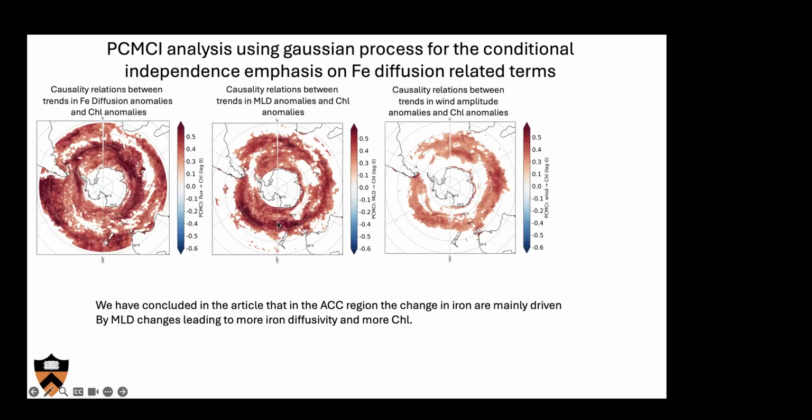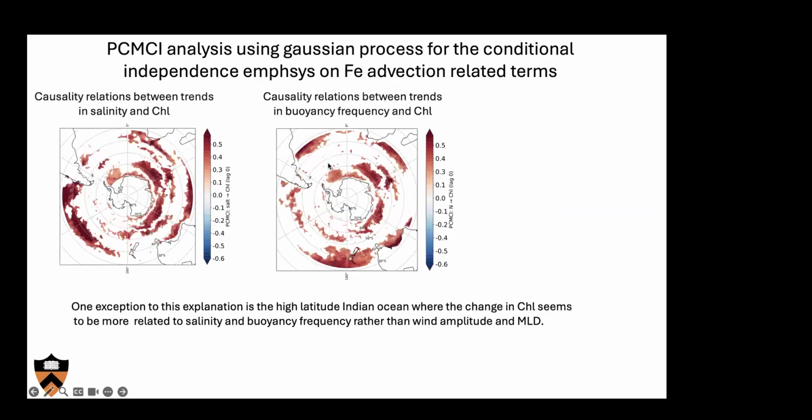We explain this in the paper by saying that you have a situation where more iron is mixed at the surface because of the deepening of the mixed layer due to the change in the winds. This is true for this region, but we also have done this for the salinity and the chlorophyll. The salinity in particular shows a link in this region where we didn't see one for the mixed layer depths.